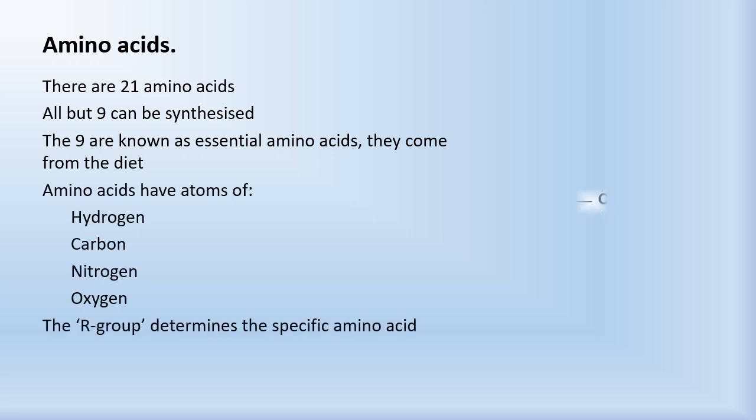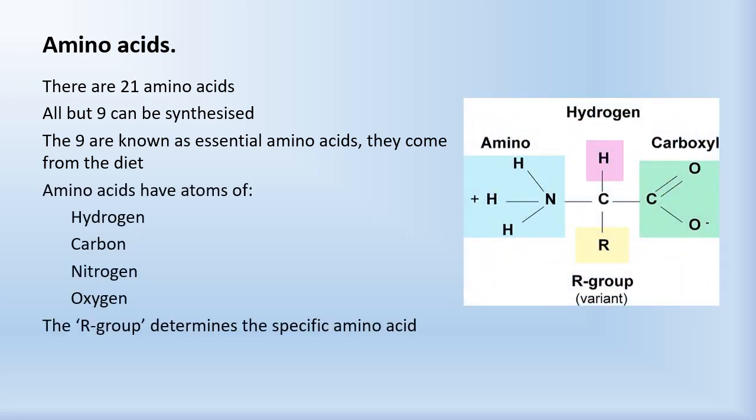Amino acids have atoms of hydrogen, carbon, nitrogen, and oxygen. The R group determines the specific amino acid. Look at the picture to see the R group. The rest is the core. That stays the same in all amino acids.